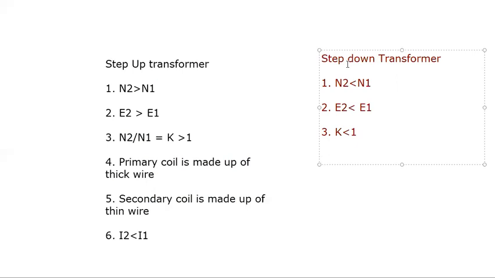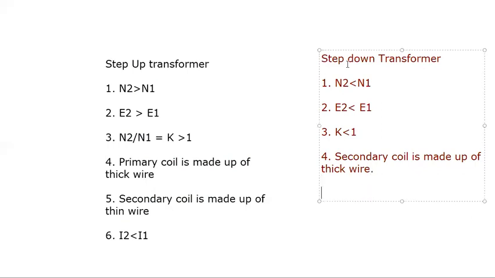And what else did we say here? We said that the primary coil is made up of thick wire because it can take large amount of current. So in the fourth point over here, we will say that the secondary coil is made up of thick wire. So this is one of the things.